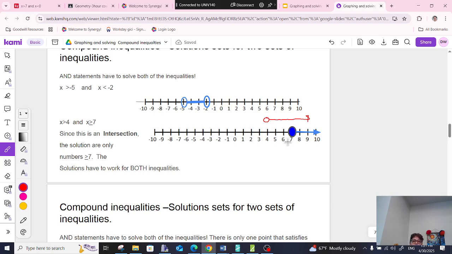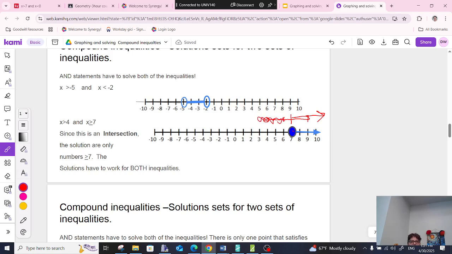The only ones they would have in common would be from this statement over. It wouldn't include any of these because these only work for this one. So that's why only this one is the answer, because they have to have an overlap. It would be from here and on, that's the overlap.